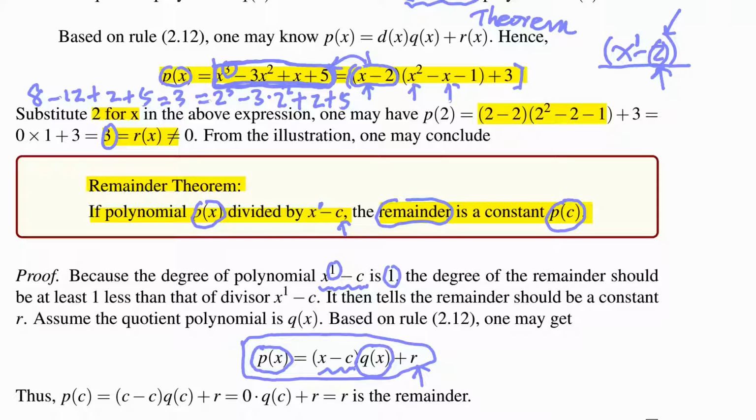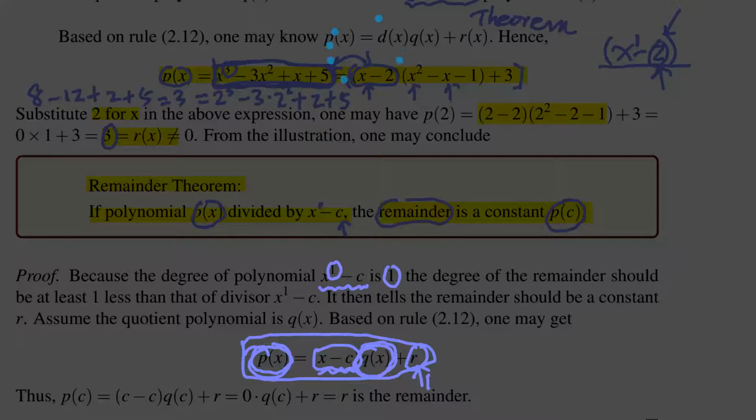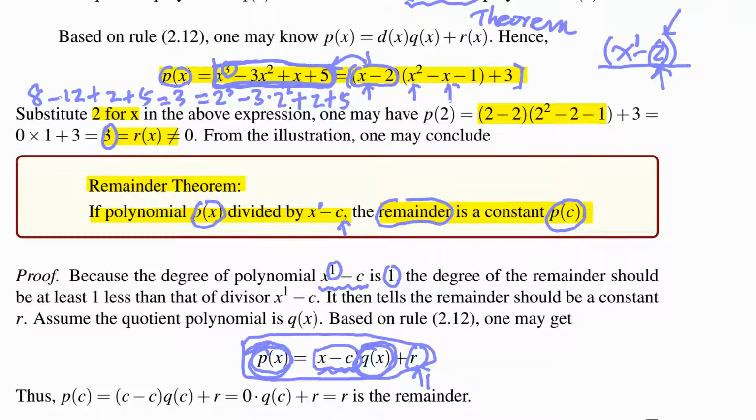If we use x minus c as a divisor to divide P of x, we get the quotient Q of x by long division with remainder R. Then P of x can be written in this way. And then we plug in c here. This part will be 0 right here.